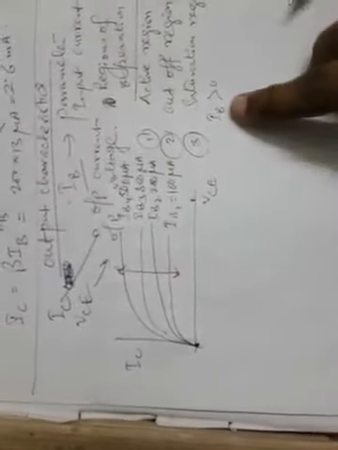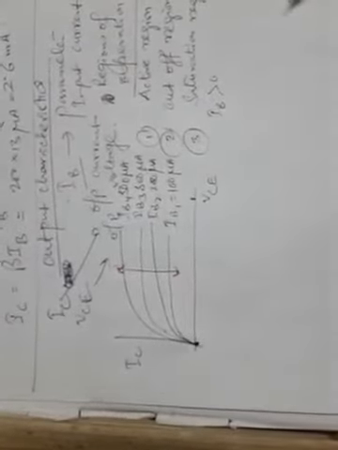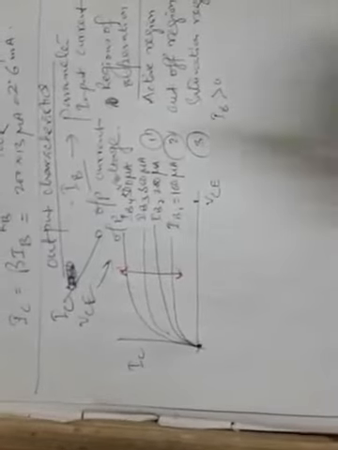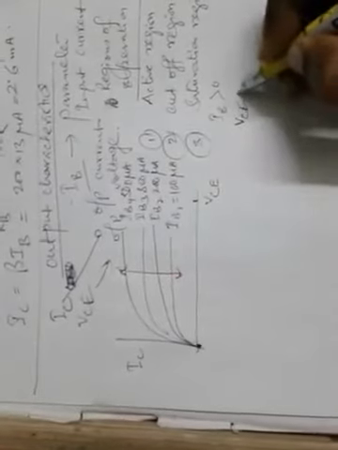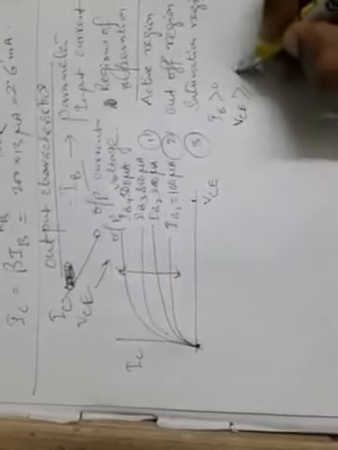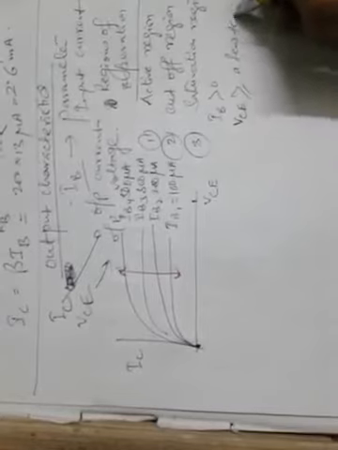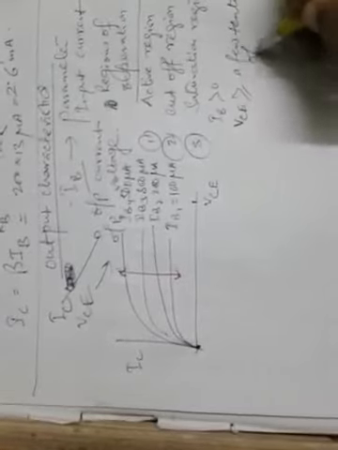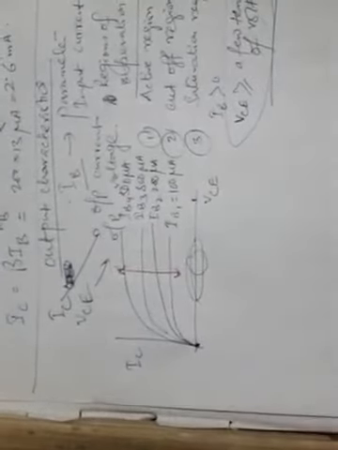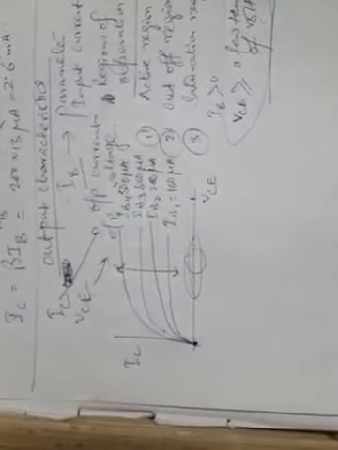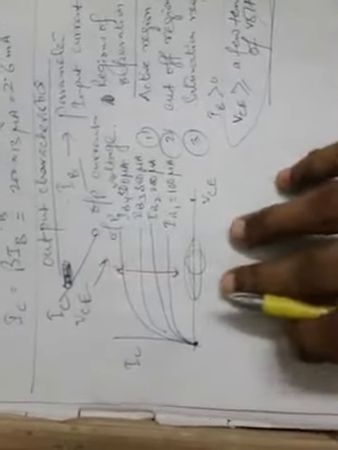So now, for a positive value of base current and VCE greater than or equal to a few tenths of a volt, not that much higher, a moderately high value, the transistor is operated in what is called the active region.